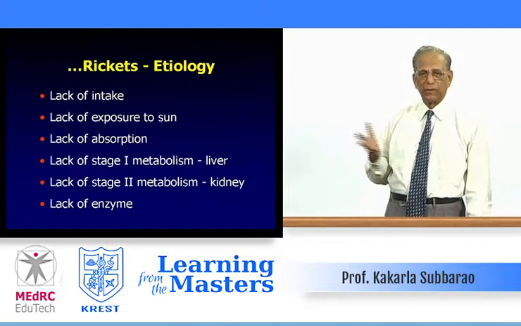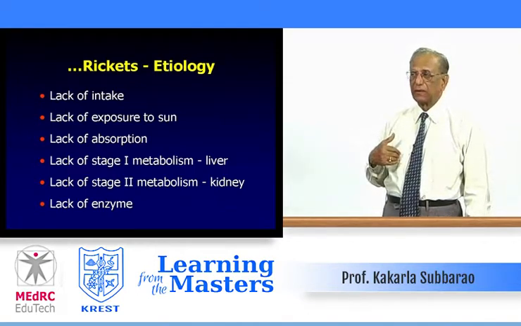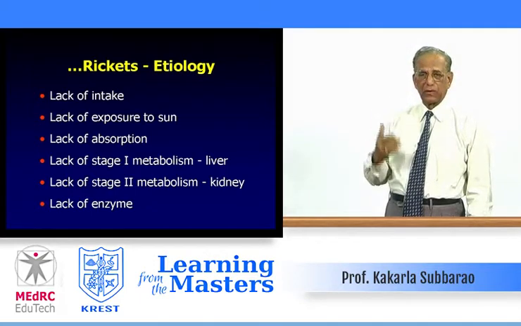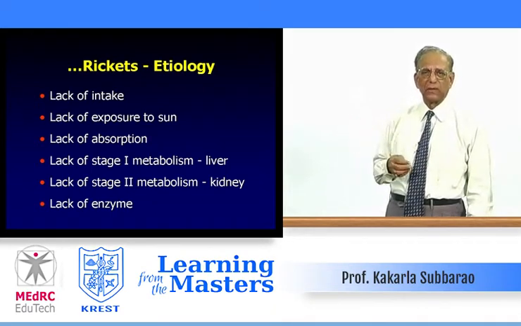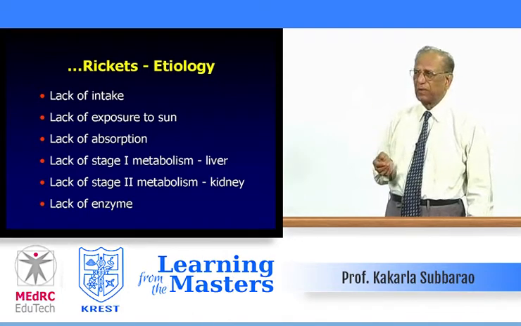Again, to repeat, the etiology of rickets is lack of intake, lack of exposure to the sun's rays, because in certain communities the child is wrapped in clothes and is never exposed to the sun for a year or two.